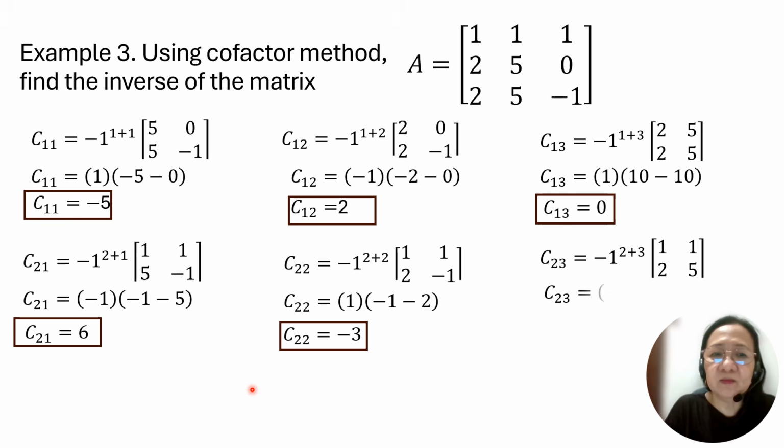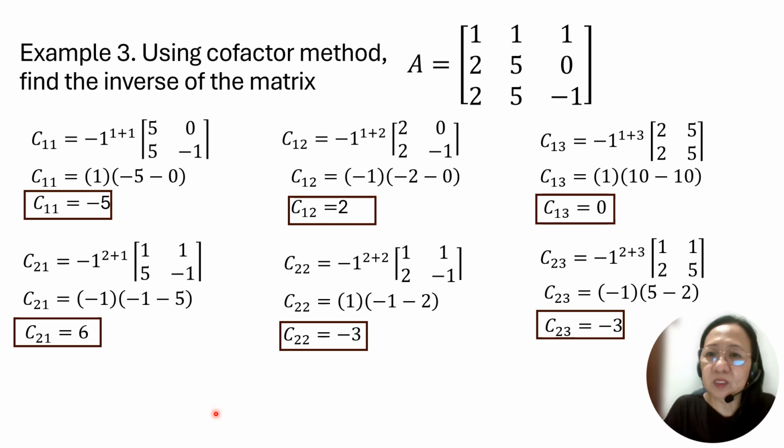So we arrive at negative 1. Then 1 times 5 is 5 minus 2 times 1, which is 2. So 5 minus 2 is 3. 3 times negative 1 is negative 3. So our C sub 23 is negative 3.